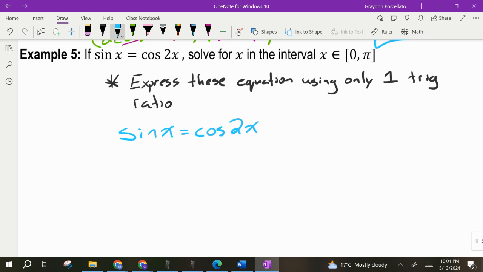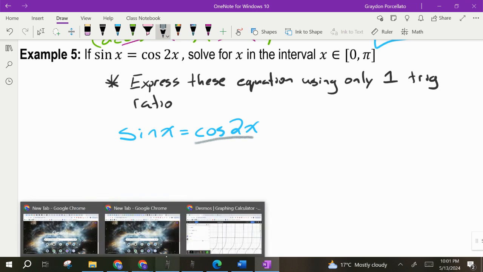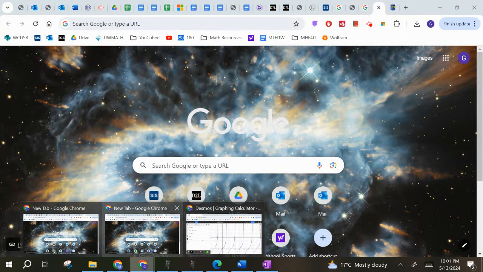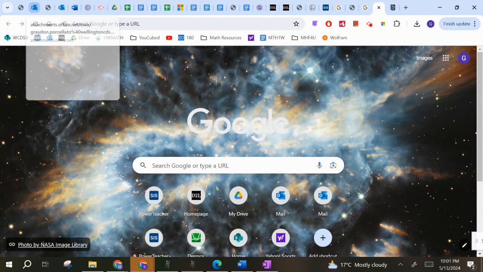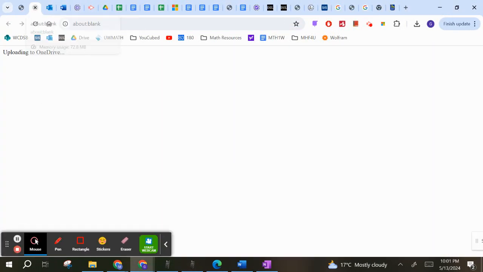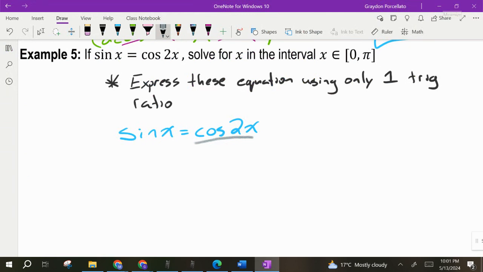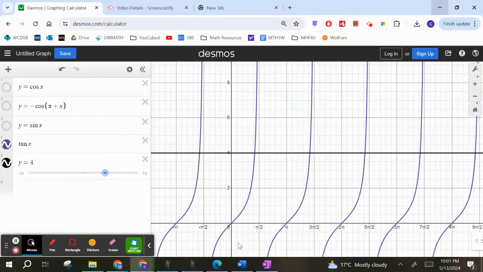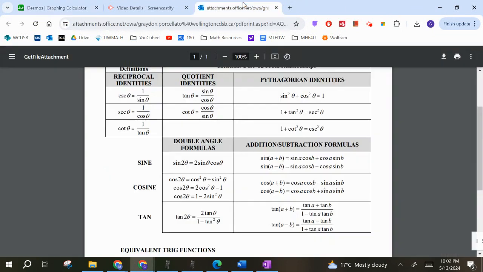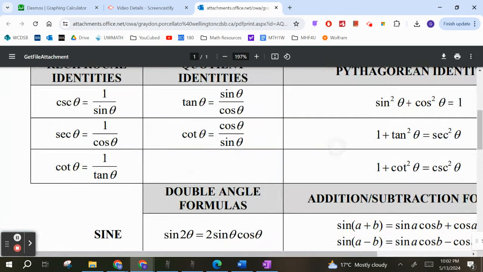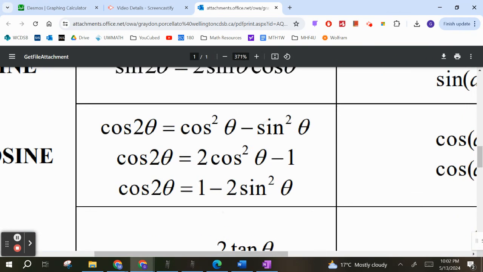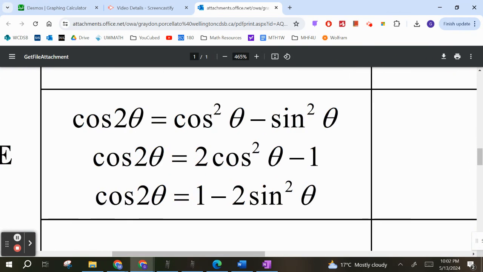Right away, I look at this and I see cos 2x. Let me pause for a second and make sure I have my formula sheet up. Okay, looking at my formula sheet, there it is. Cos 2 theta has these three options.